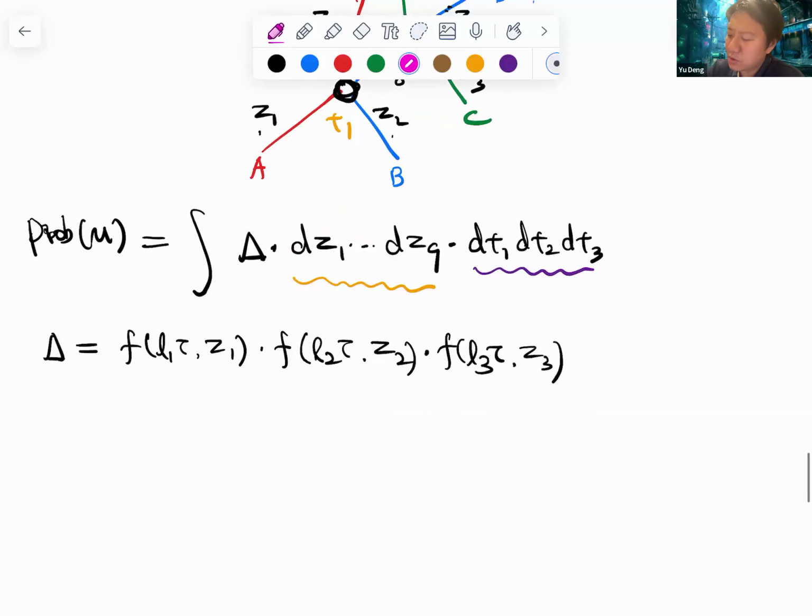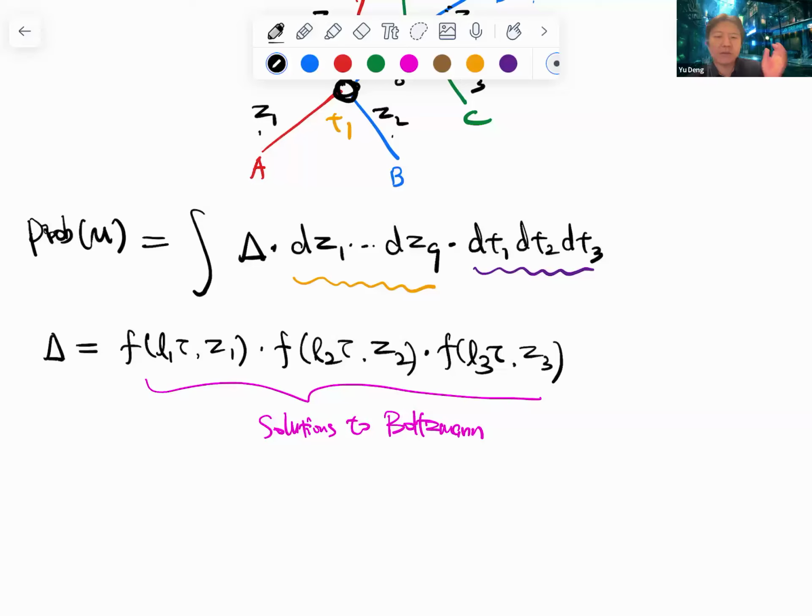Remember that these are solutions of Boltzmann equations. From our knowledge of the Boltzmann equation, from our assumption, we know that they are not only factorized, but they are nice, fast decaying functions. So we don't need to worry about those.